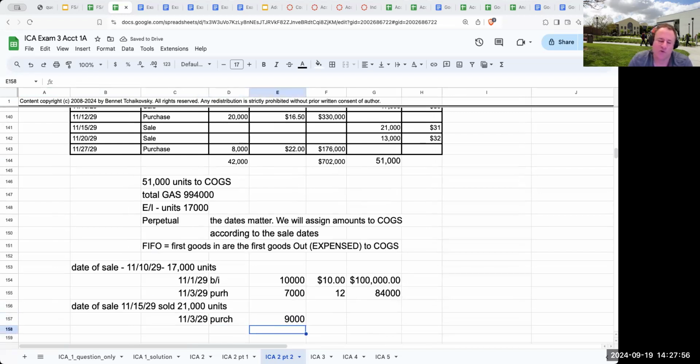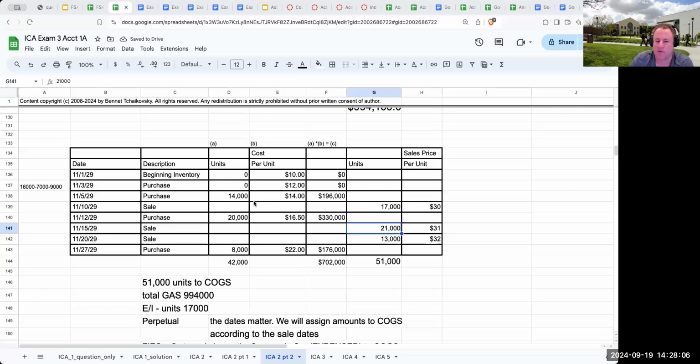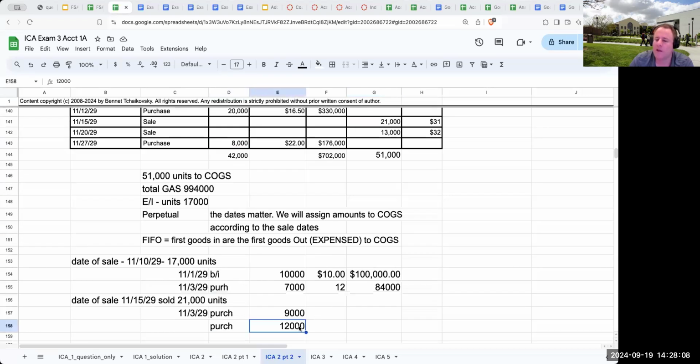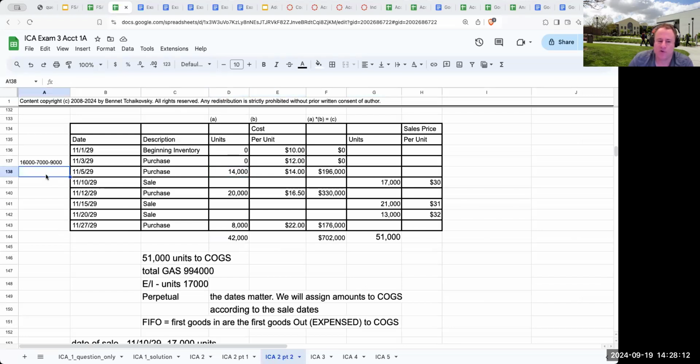So I have over here 9,000 units, but I'm not done. I need a total of 21,000 units. So I need another 12,000 units here on my purchase, right? So I sold 21,000 units, need 21,000 units to cost of goods sold. So here, need 12. I've got 14 here, so I'm going to go ahead and take, and we'll call this 11/15 sale.